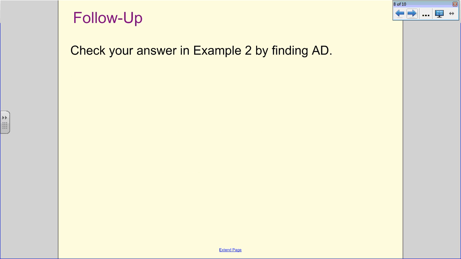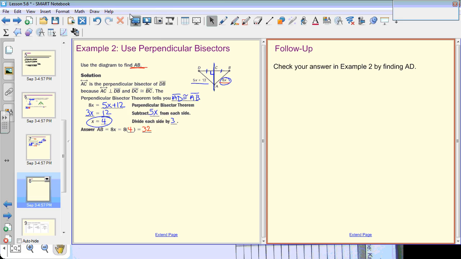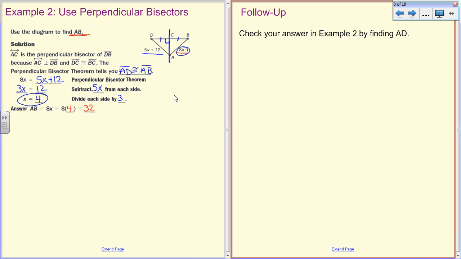If we take a look, the follow-up that goes with this is they want you to check your answer by finding AD. We'll put it in split screen for a little bit. They want you to find this AD.